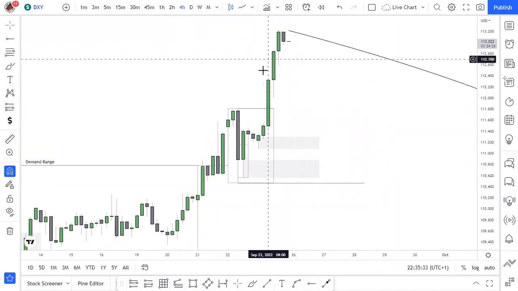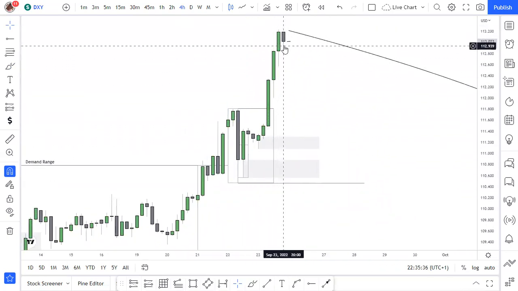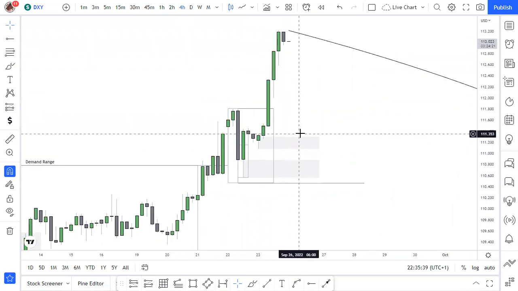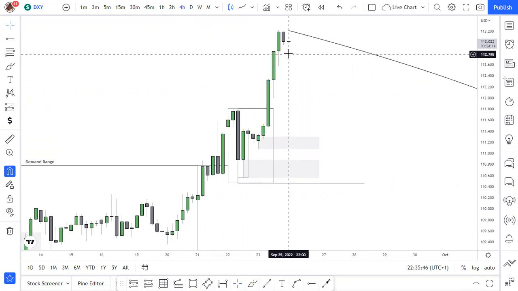So here on the 4 hour, we are also in a push phase. So we are both anticipating a pullback on the daily and also a pullback on the 4 hour time frame. Now, since the 4 hour structure will indicate to us when the daily time frame structure will be pulling back, that means the 15-minute time frame would also indicate to us when the 4 hour time frame is going to pull back.